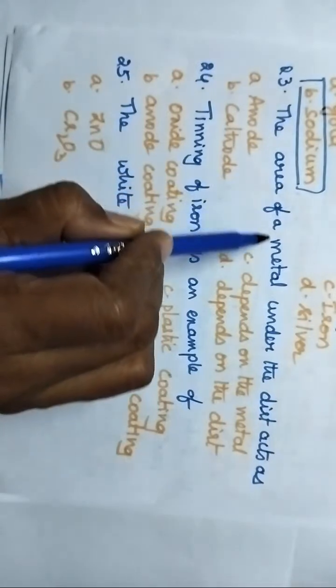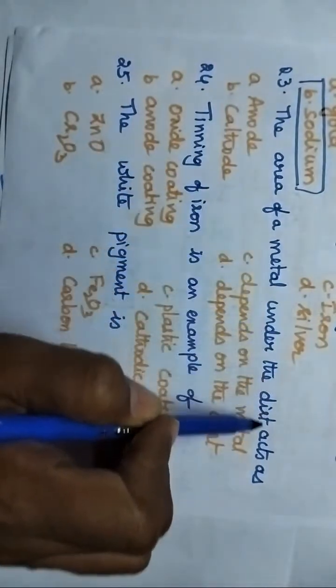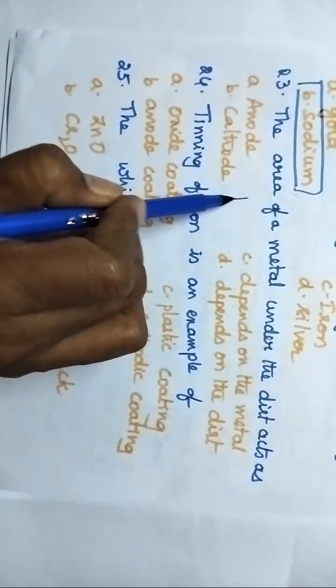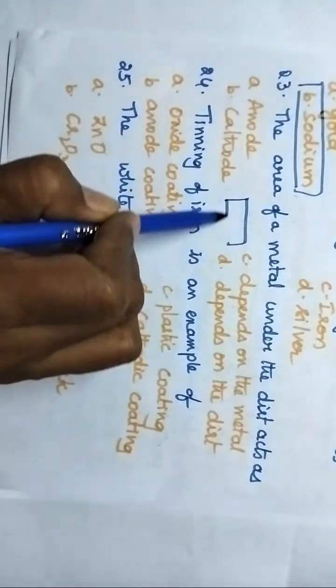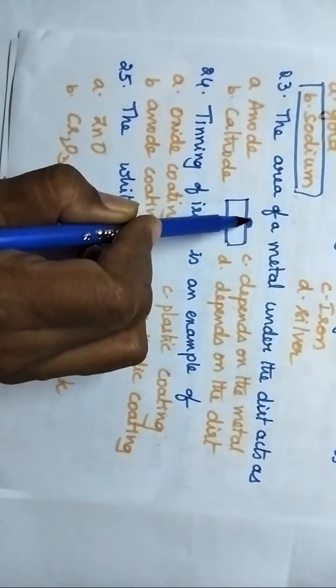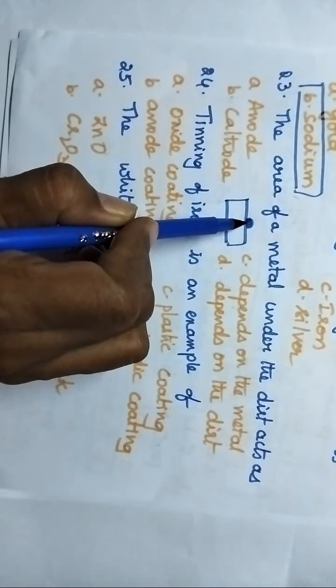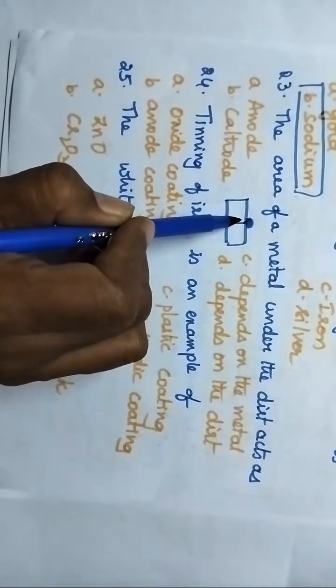The area of metal under the dirt acts as. So let us suppose it is the metal. Here dust is deposited. So the area of metal under the dust will act as A. Anode, B. Cathode, C. Depends on the metal, D. Depends on the dirt. What is your answer? Everything is clear.